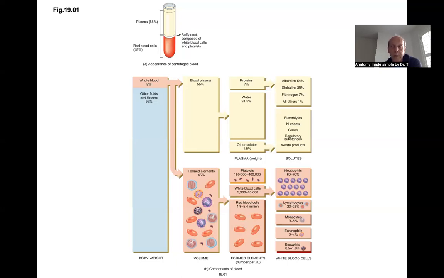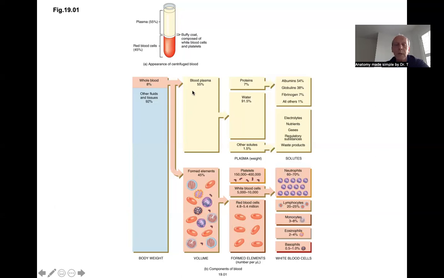And thrombocytes, although the suffix "cytes" would point out that they are actually cells, they're really not cells. They are formed blood elements because they come as particles that have been shed from the surface of a large cell. So platelets truly are not cells. They're thrombocytes, but they're fragments of a cell which produces them.